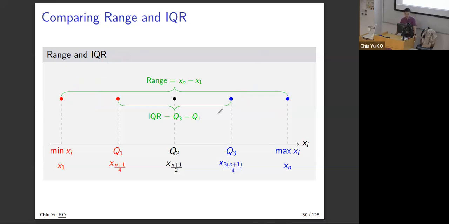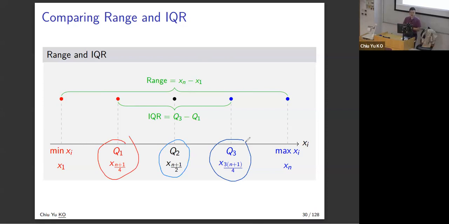Now you can easily see that Q2, which is the median, we know how to define it. It's in the middle of the data. But it's rather unclear how you define Q1 and Q3. Intuitively, it's the median of the first half and the median of the second half.